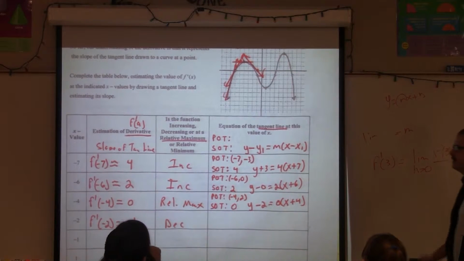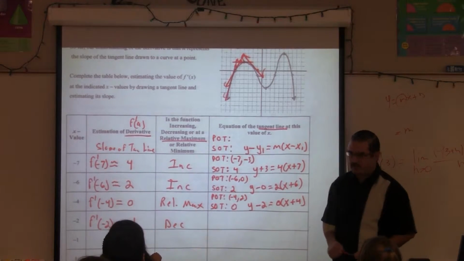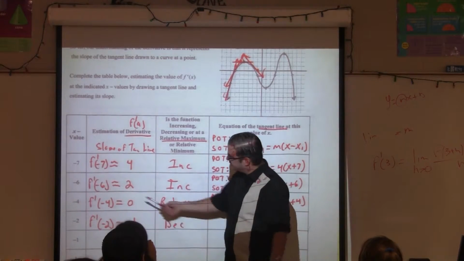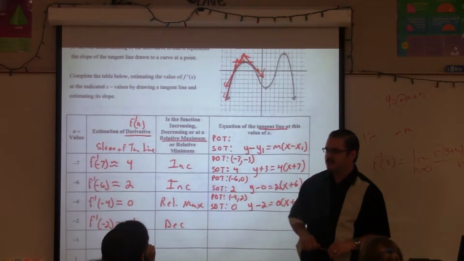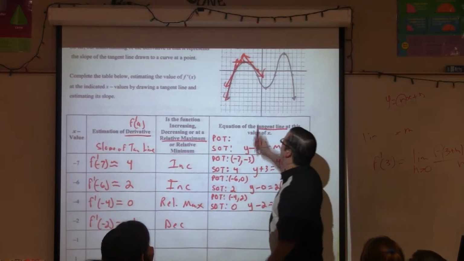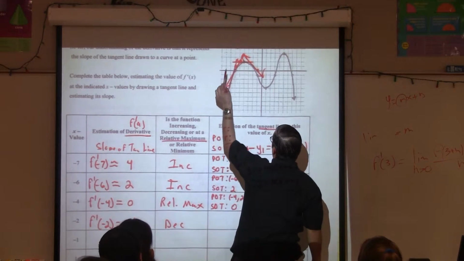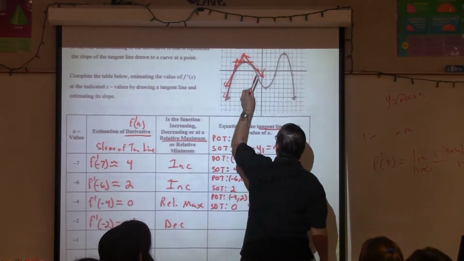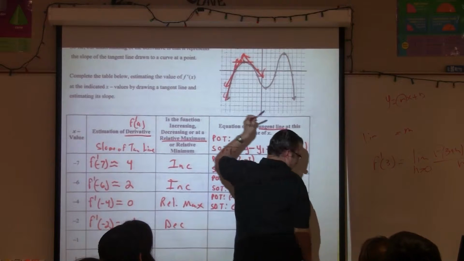What has to happen in order for me to have a max? The slope has to be 0, okay. Not necessarily. Something else also has to be true. Has to be at the highest point. So how can I get it to be the highest point? What has to be happening? The function has to be going what? Up and then down. So that means it has to be increasing and then decreasing.